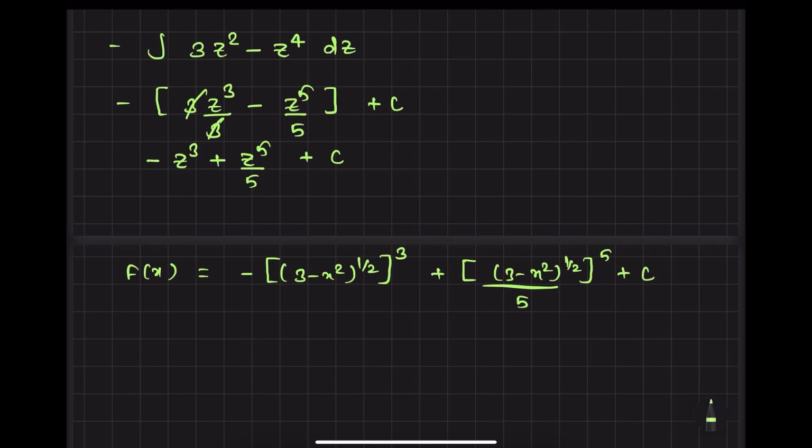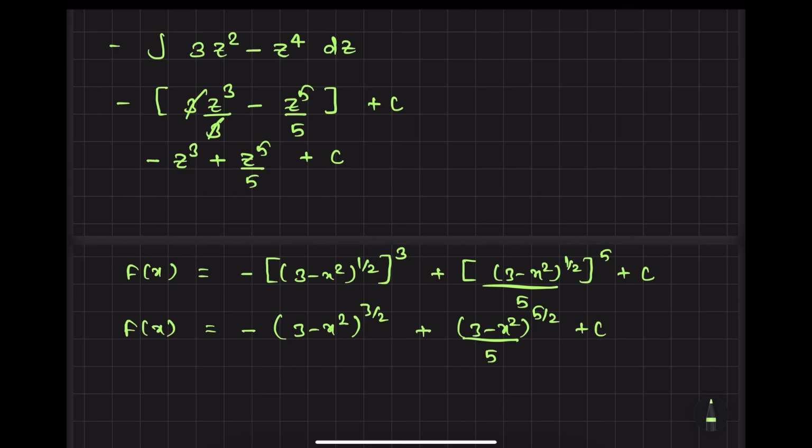Now look at this. We will do a little bit of simplification, and the simplification will go this way. So minus 3 minus x square power 3 by 2 plus 3 minus x square power 5 by 2 by 5 plus c.